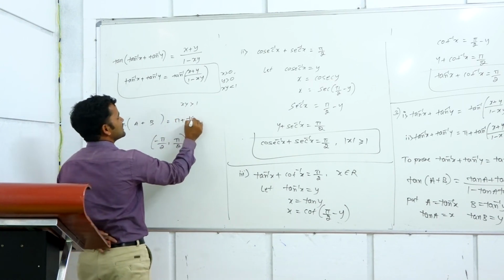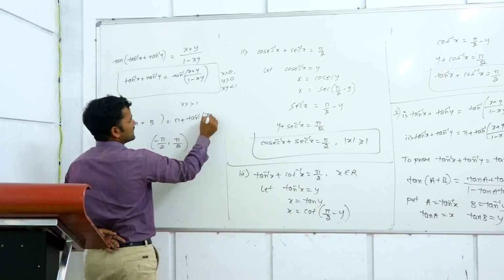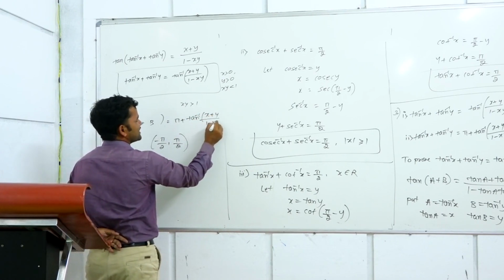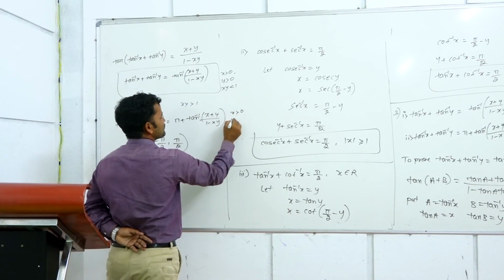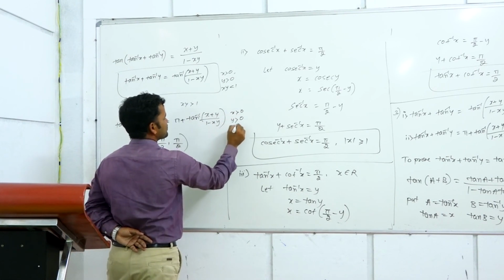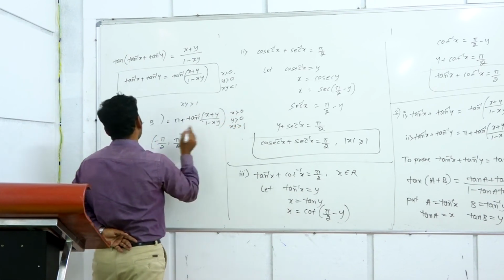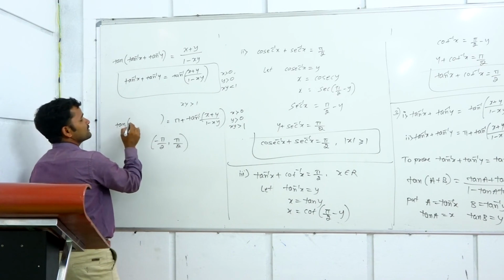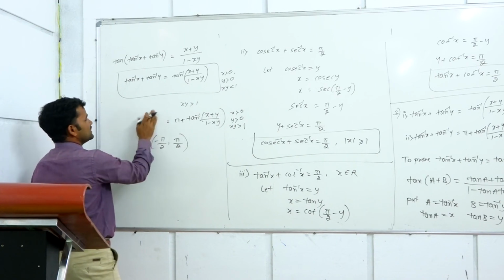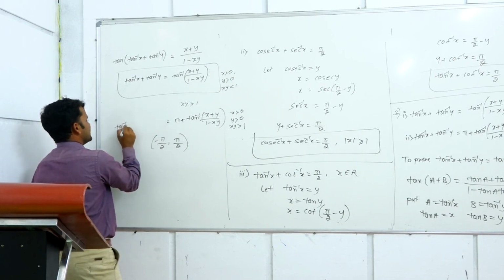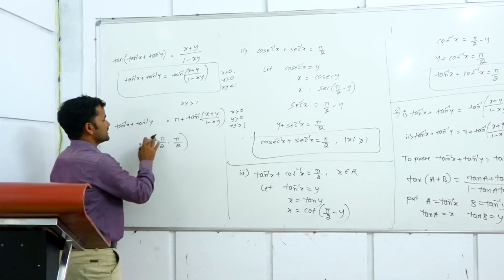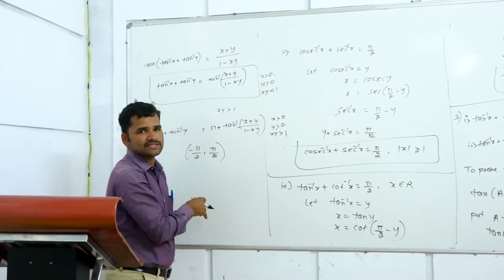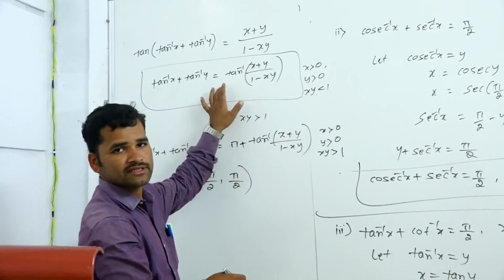Pi plus tan inverse of x plus y by 1 minus xy for x greater than 0, y greater than 0 and xy product greater than 1. Just to remember, this derivation is not required. Up to here, if you do, this is enough.